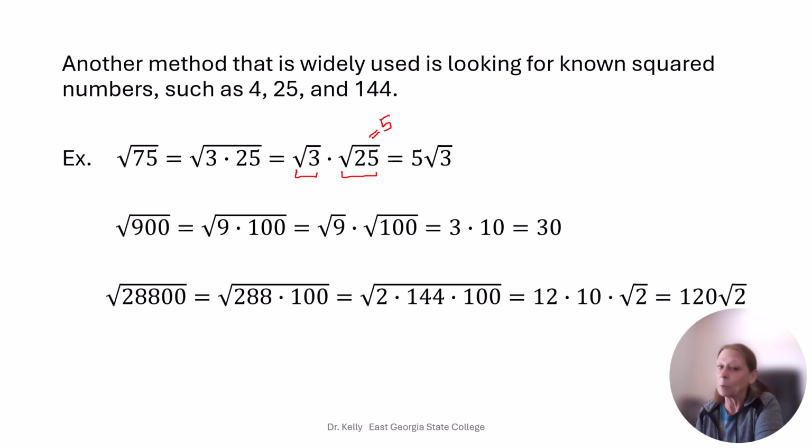Notice right now it's not plus or minus 5, it's just 5. We're taking the positive answer, the principal solution, or what we called in a couple of slides ago, the principal square root when evaluating.